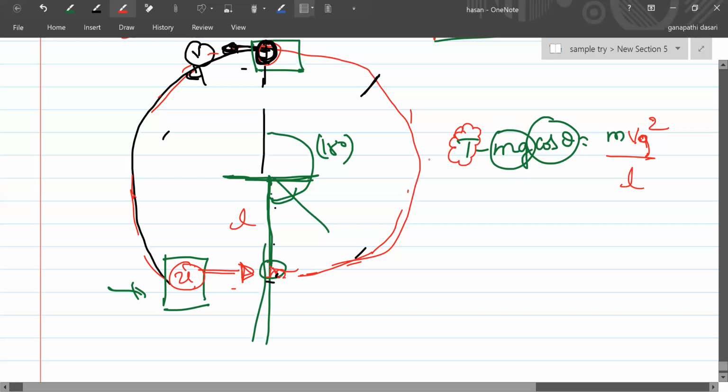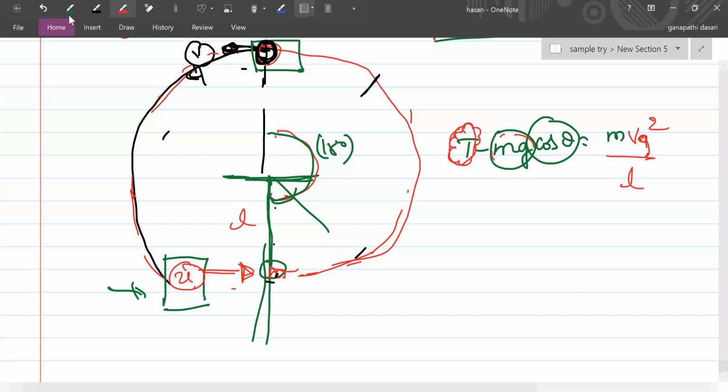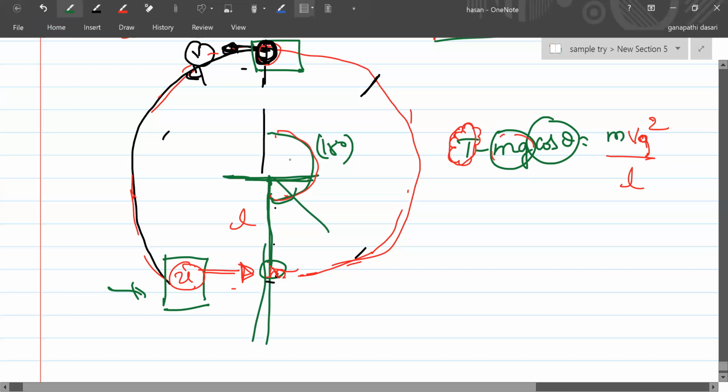We cannot change cos theta because it is 180 degrees when it has gone from here to there. So what can be minimized is only the tension, so that we have the minimum possible v_Q.